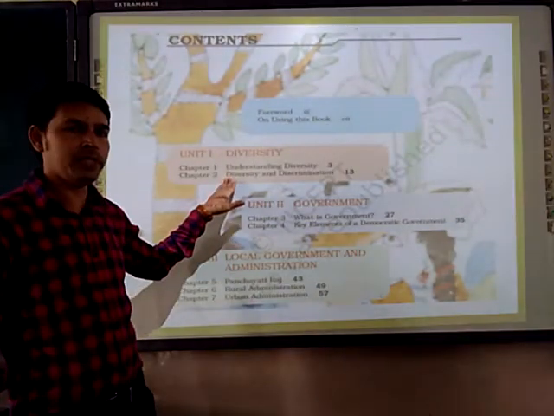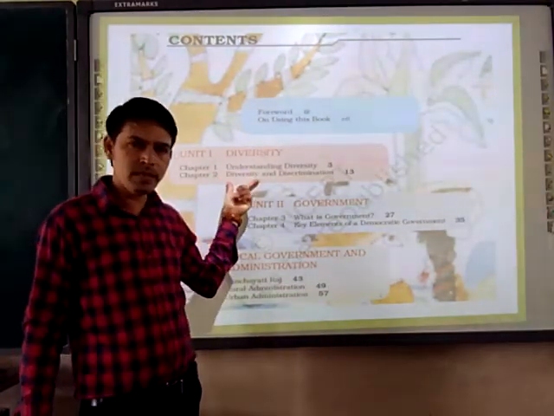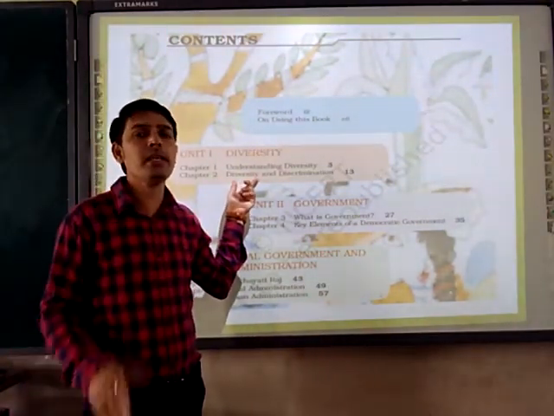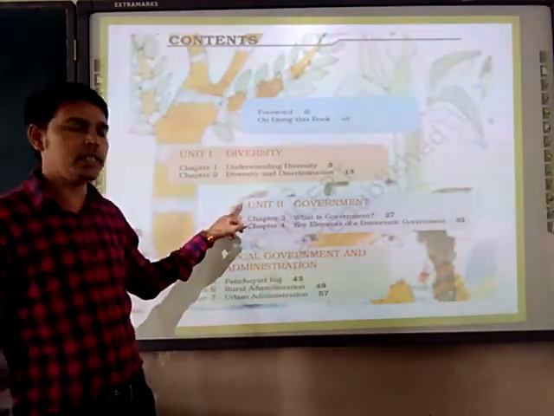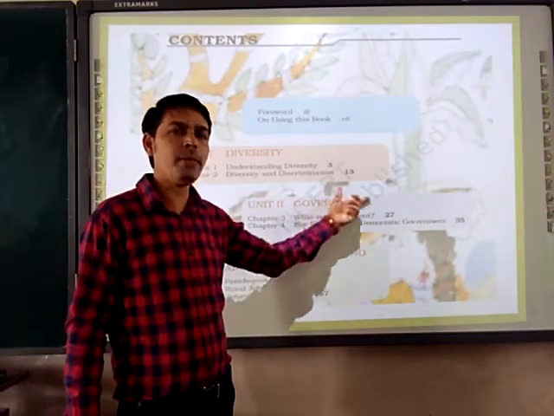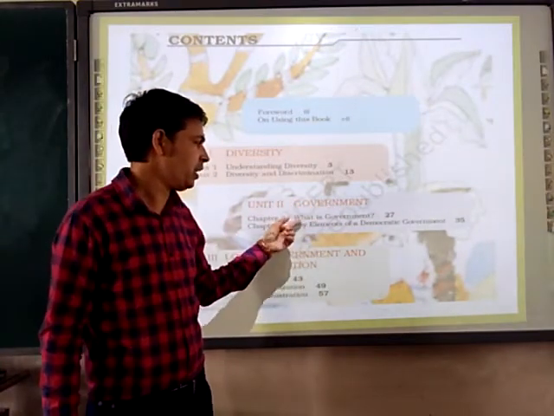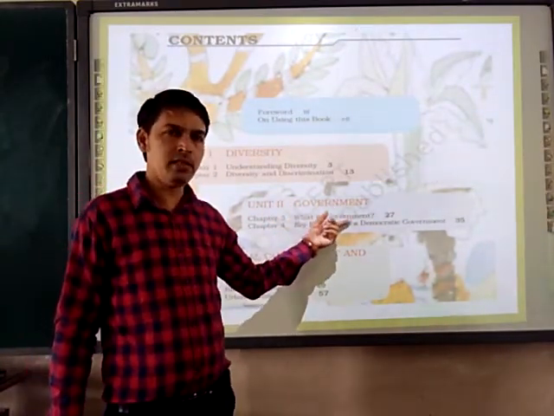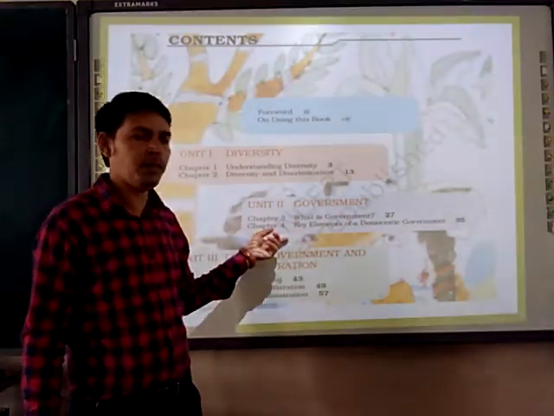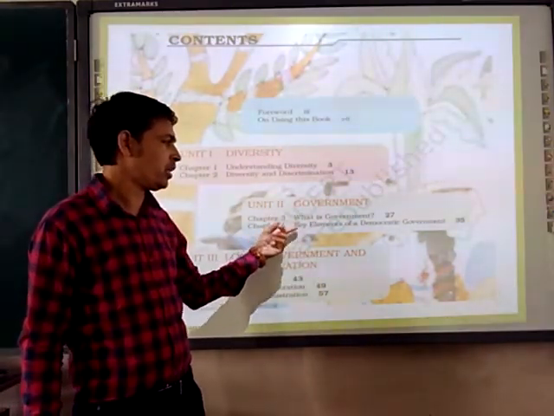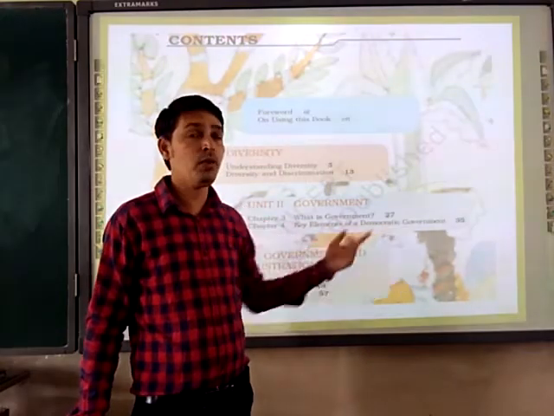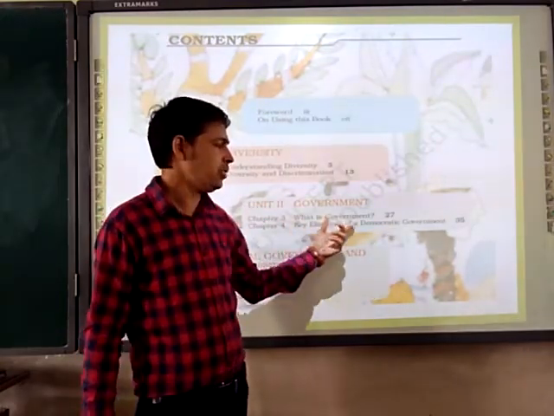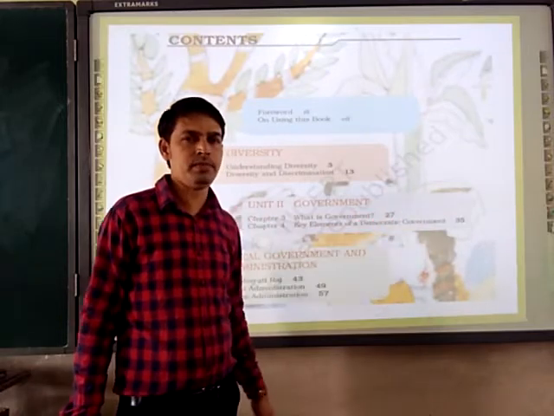Then second chapter we will see Diversity and Discrimination. Then in the second unit we will see government. The topic is government. In that we will see what is government. And after that, chapter number 4, we are going to see the key elements of a democratic government.